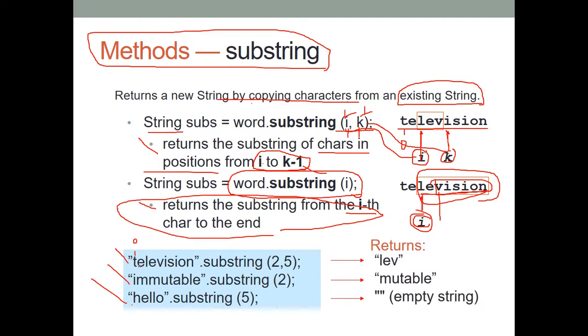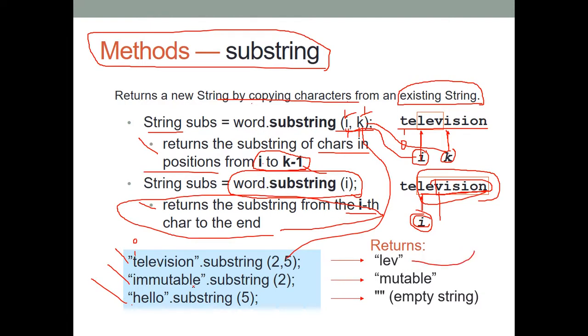If you give 2 to 5, you don't want 0 and 1, you start at 2, then 3, 4. I already told you 5 means k minus 1, so it will calculate only up to 4. So it returns "lev".